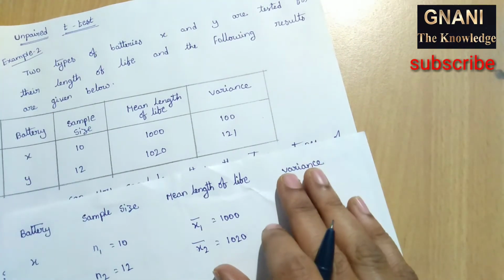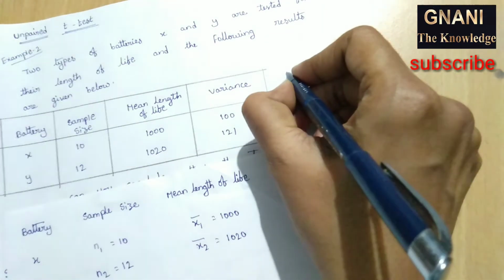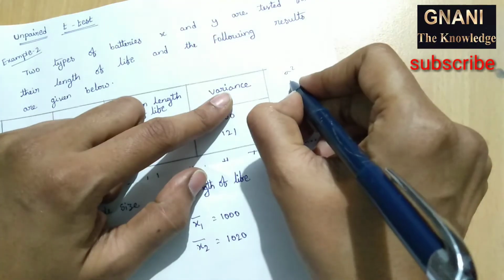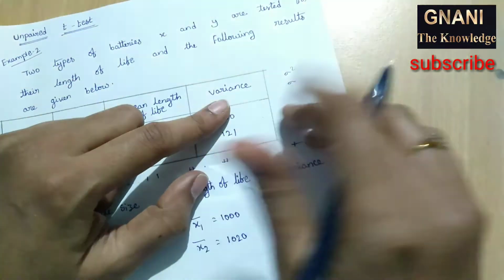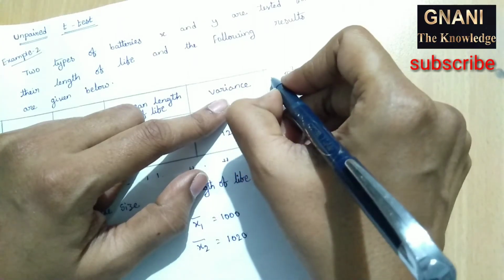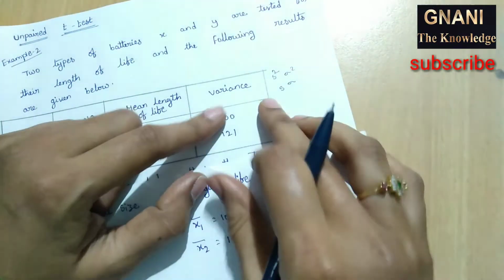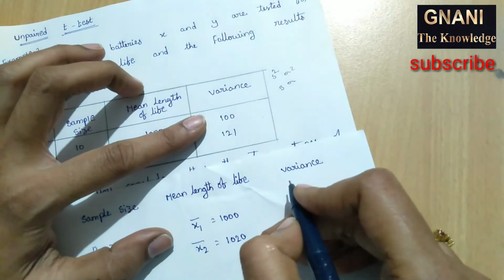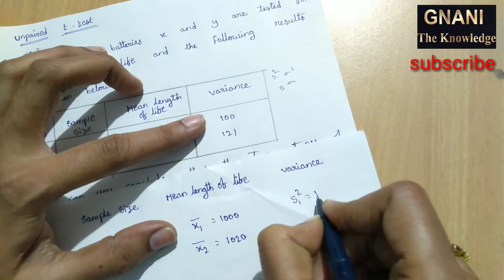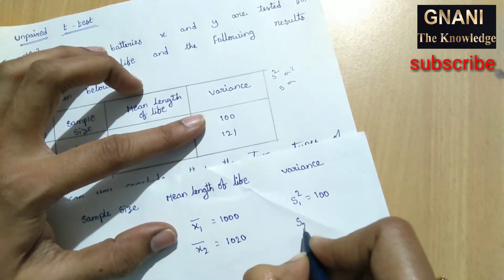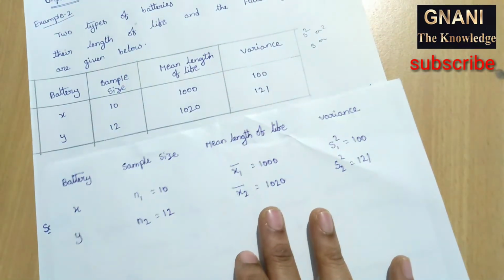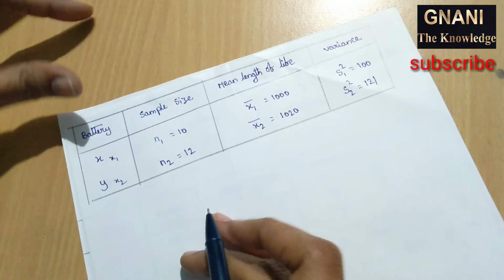Variance is denoted by sigma square, and standard deviation by sigma. In this problem we take standard deviation as s and variance as s square. So s1 square equals 100 and s2 square equals 121. This is the data. Then what is the standard deviation formula?